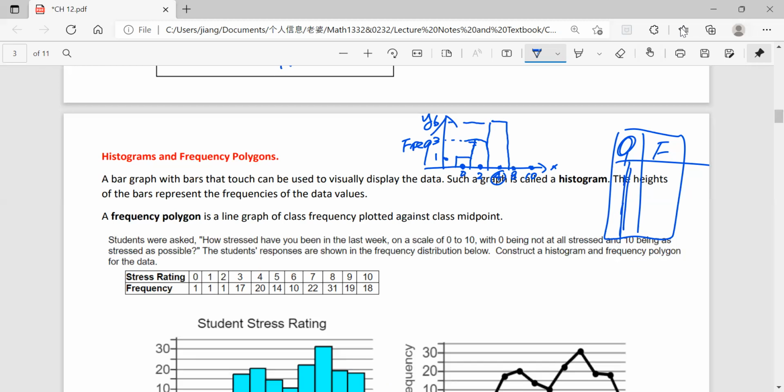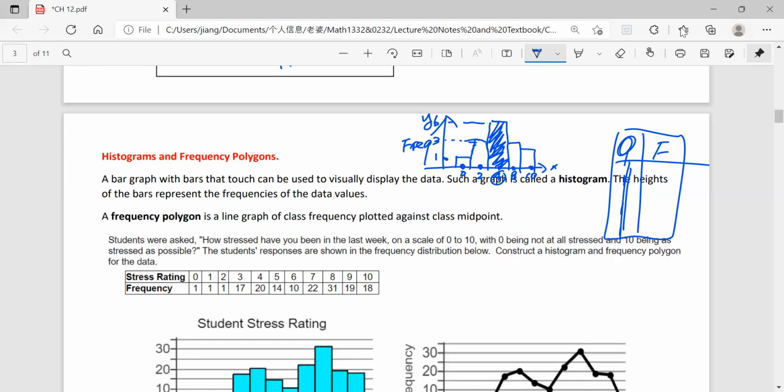The 6 hours missing doesn't matter. So you will see the bar graph, the histogram, and from it you will see, oh, this 4 hours class has the most students.